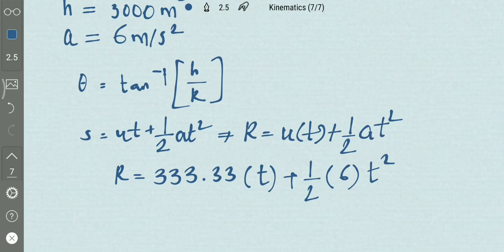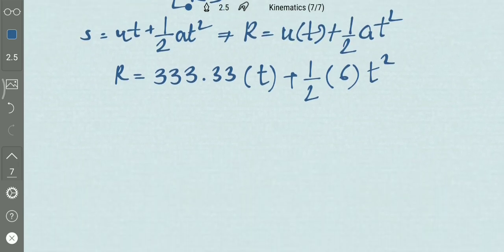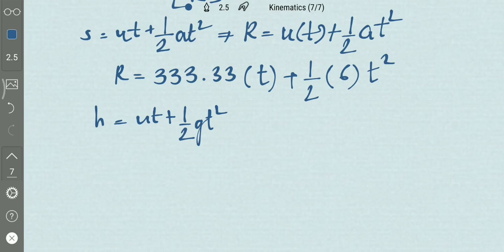In order to find t, we take h. h is given by ut plus half gt squared. The rocket is just dropped, so the initial velocity will be 0 in the vertical direction.